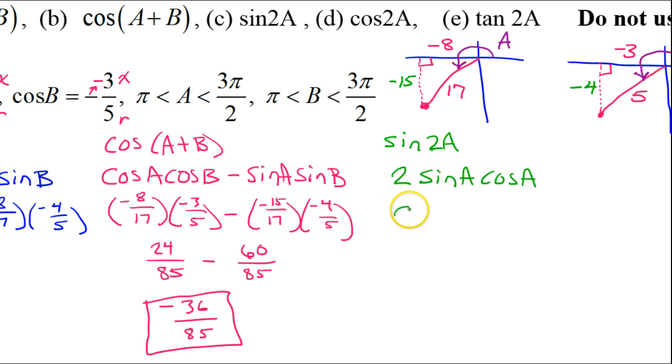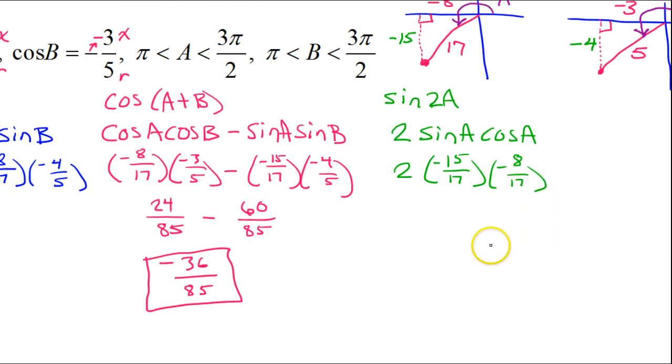So that's going to be 2 times sine of A, that was negative 15 over 17. Cosine of A was negative 8 over 17. Okay, so looking at this is like 2 over 1. This is going to be 240 over 289. So that is the sine of 2A.